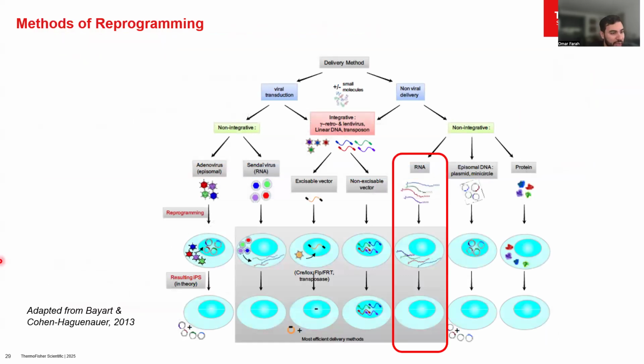Excellent. We have, I think, one more question in the chat about how do you determine reprogramming efficiency? Is it initial colony formation or cells that go on to produce a clonal iPSC cell line? Typically, the easiest way people will do it, Angel, is that they will count the number of colonies.